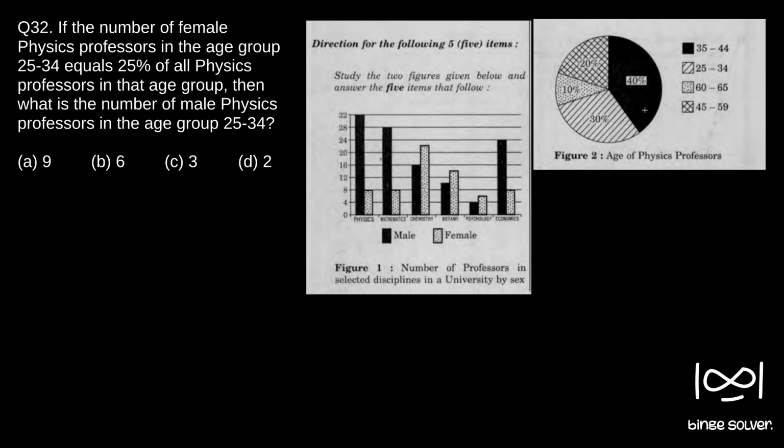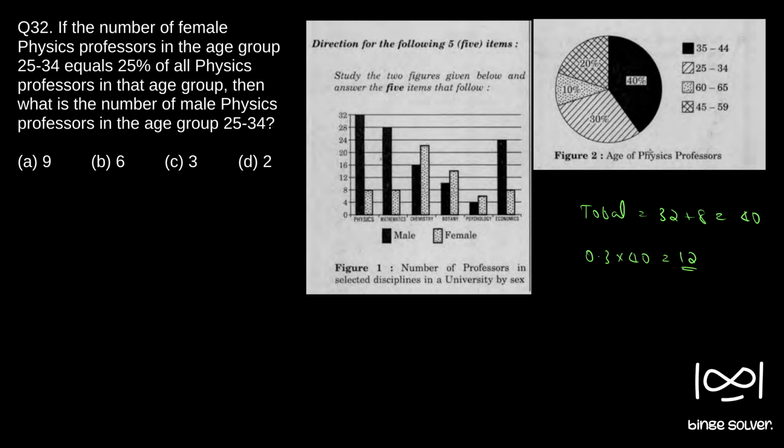The total number of people in the 25 to 34 group is 30% of all physics professors. Earlier we found the total number of physics professors is 32 plus 8, which is 40. Now 30% of them belong to this age group, so 0.3 into 40 is 12.